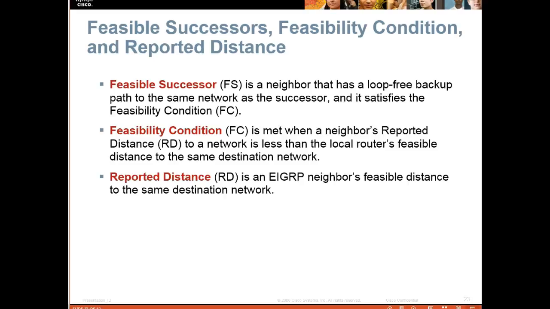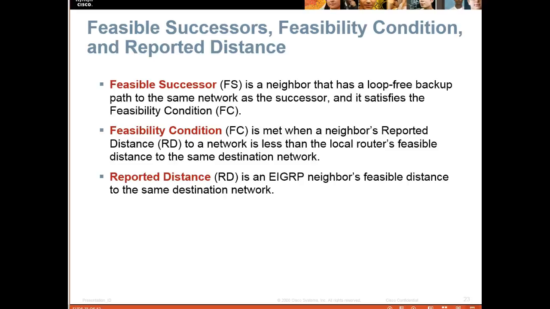So just to throw a few more terms into your notebook here, a feasible successor is a neighbor that has a loop-free backup path to the same network as the successor, and it satisfies the feasibility condition. What's the feasibility condition? Well, the feasibility condition is when a neighbor's reported distance to a network is less than the local router's feasible distance to the same destination network.